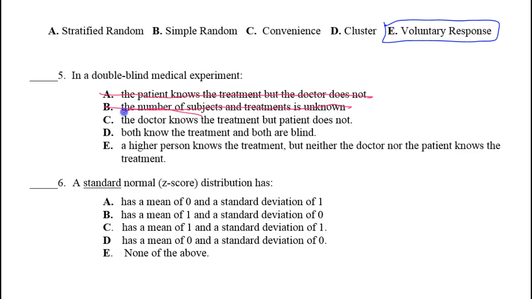Nope, the doctor does not know either, so that's not it. Both know the treatment and both are blind. Nope, it's not about people being blind. All right, so the answer must be E. A higher person knows the treatment, but neither the doctor nor the patient knows the treatment. Yep, that's what we were just talking about. So the answer is clearly E.